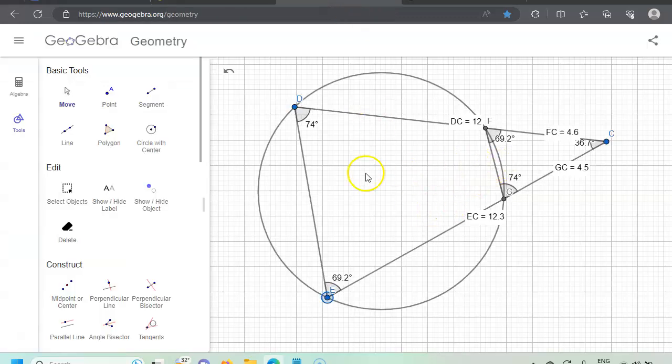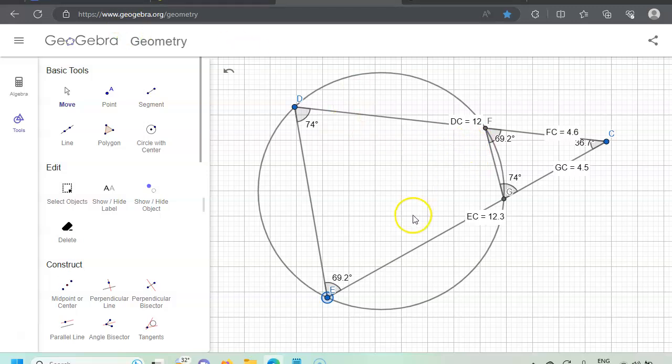So DEC, where is that? This one, DEC, is equal with CFG. Alright, so we're gonna make use of this linear pair here. So CFG and DFG are linear pairs.